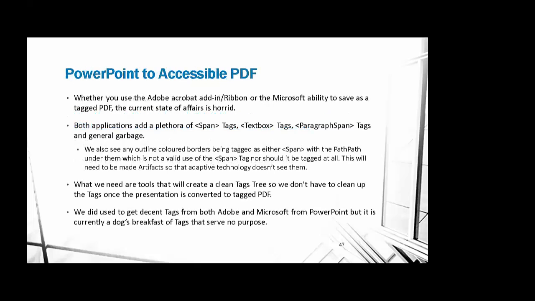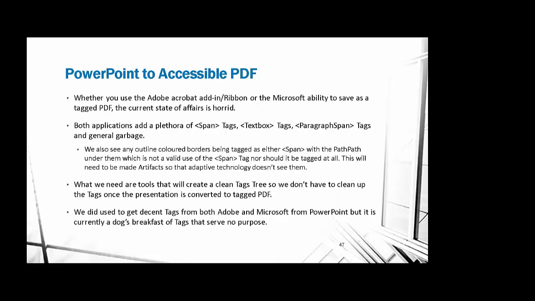PowerPoint to accessible PDF. Where to start? At the moment, this is a real dog's breakfast of tags. If you use the ability in Microsoft to save as PDF, there is a lot of garbage tags you're going to get. But you don't get bookmarks. So you have your headings, but you don't get bookmarks.